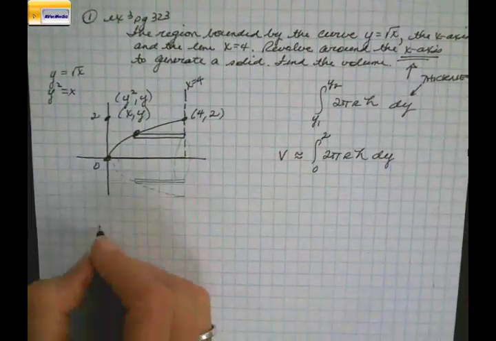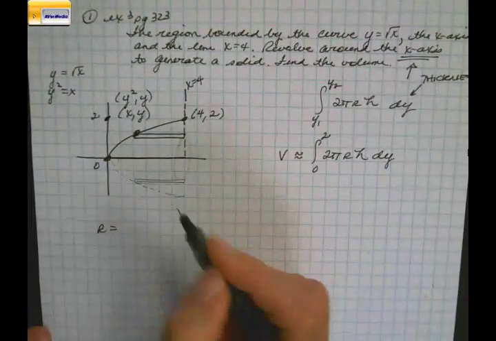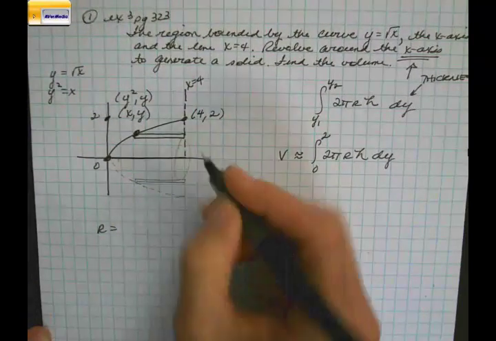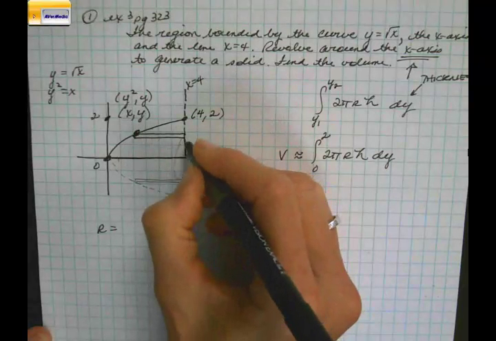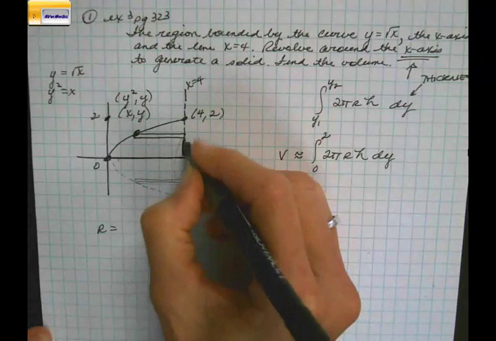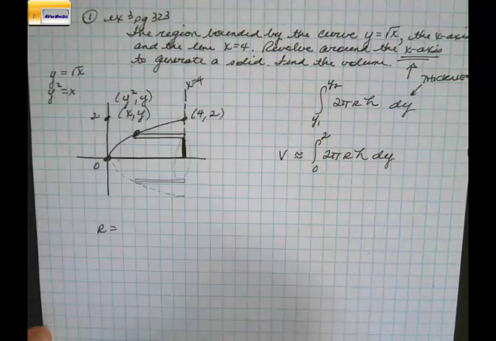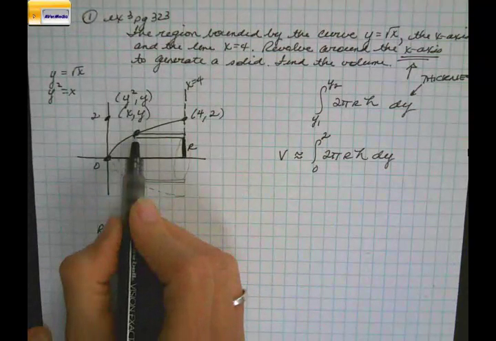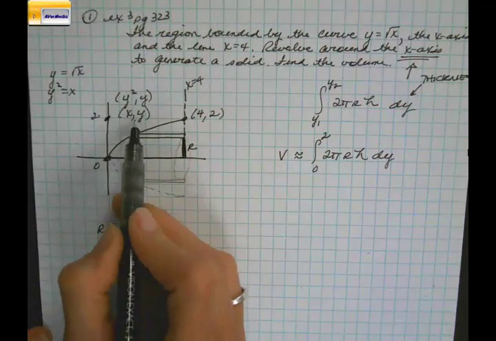Now then, what is my radius? Look at where your radius is right here. There's your radius right there. This is r, which is this height at this ordered pair.